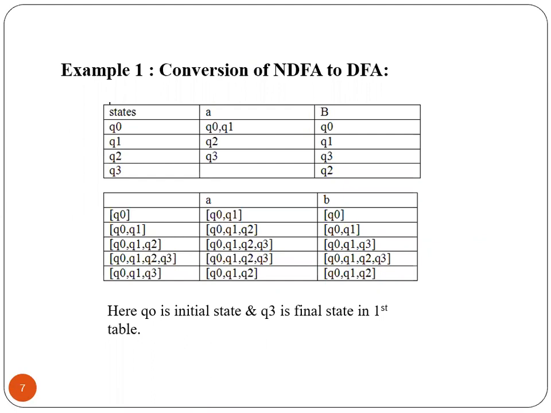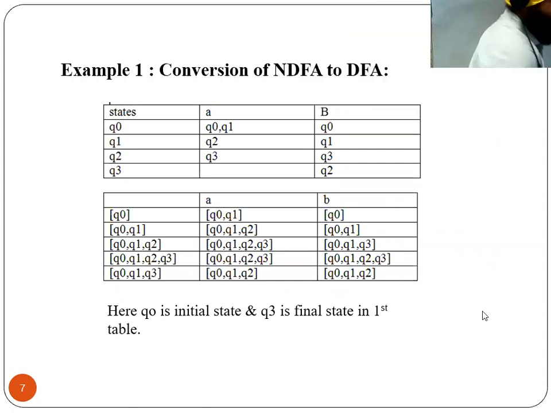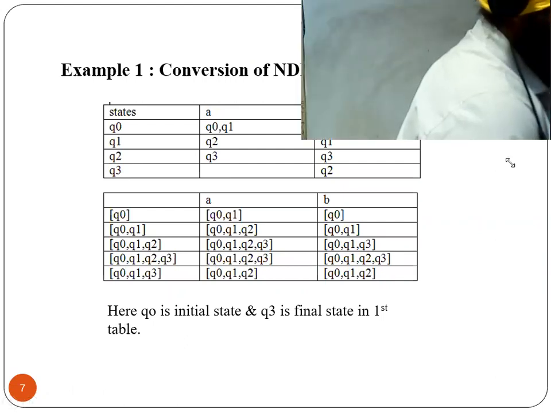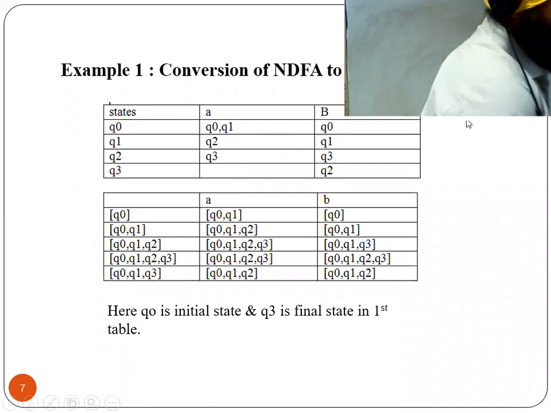The conversion of NDFA to DFA. So here you have small a and small b acting as your outputs.